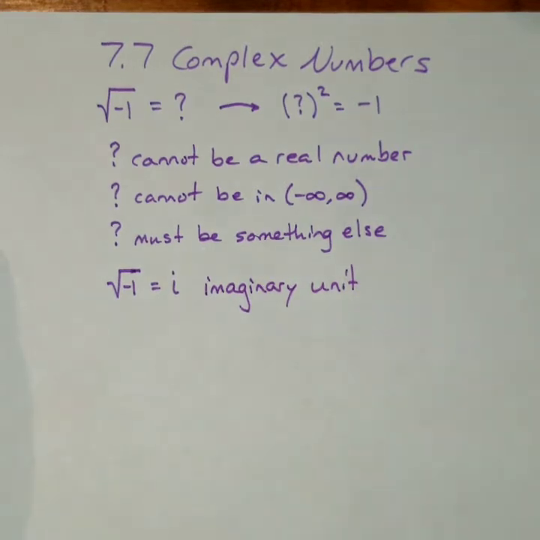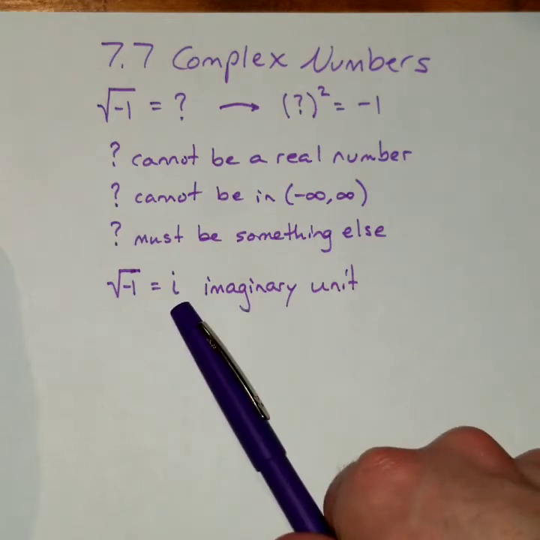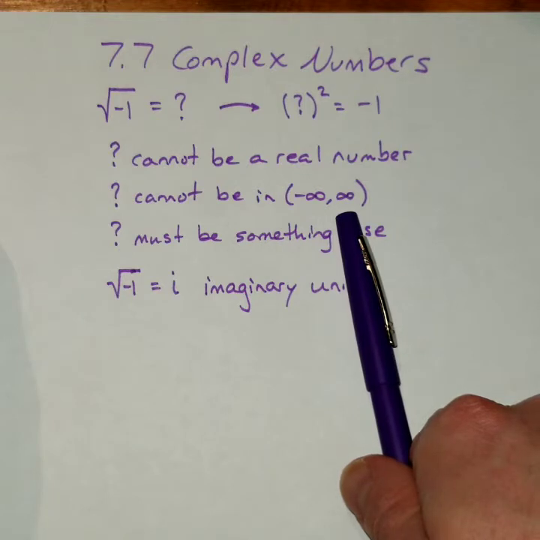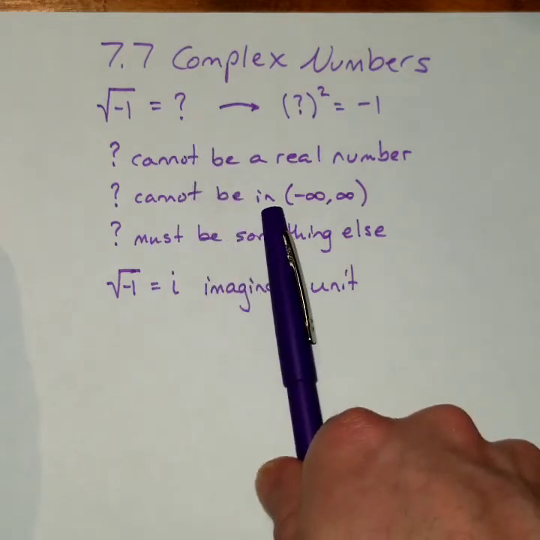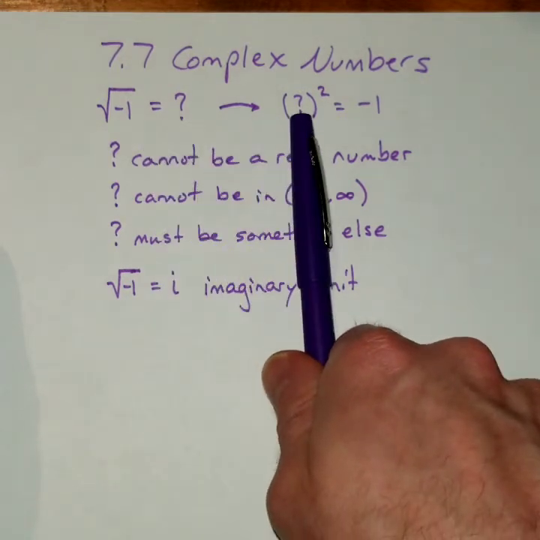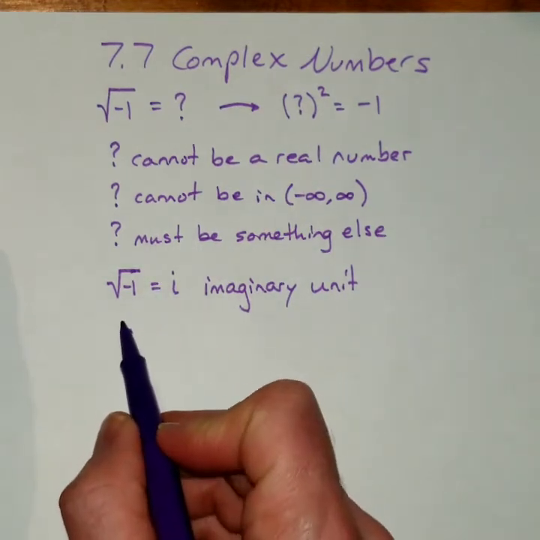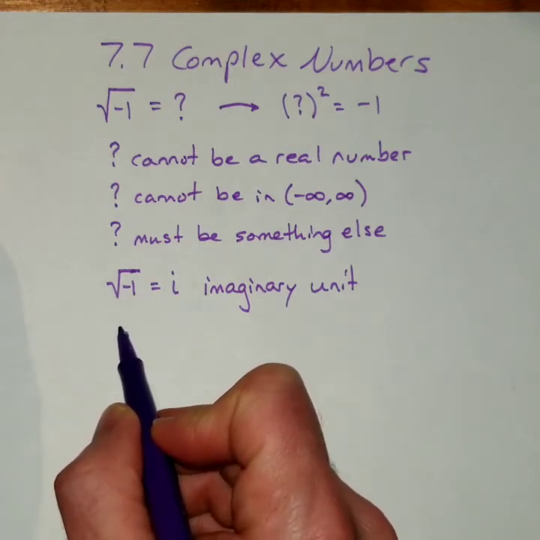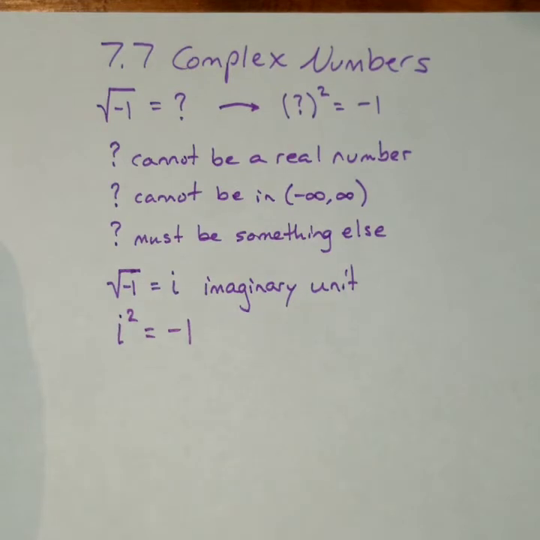Okay? Now, this number does not exist in the interval from -infinity to infinity. It's somewhere else. Okay? But what it does tell us is that I squared must be equal to -1. Right? So if you take the square root of -1 to get I, then the reverse is true, that this is the number whose square is -1.